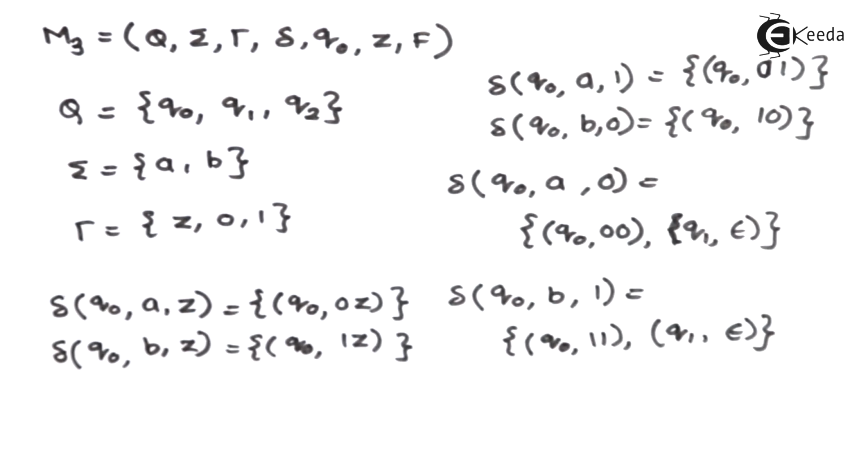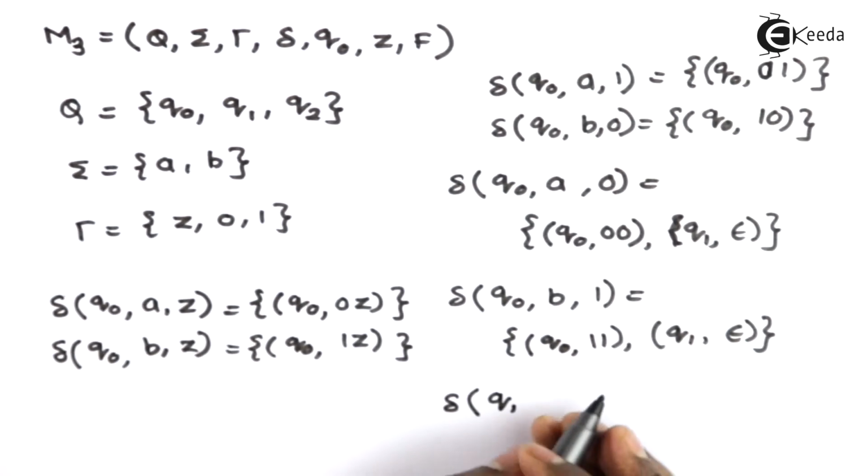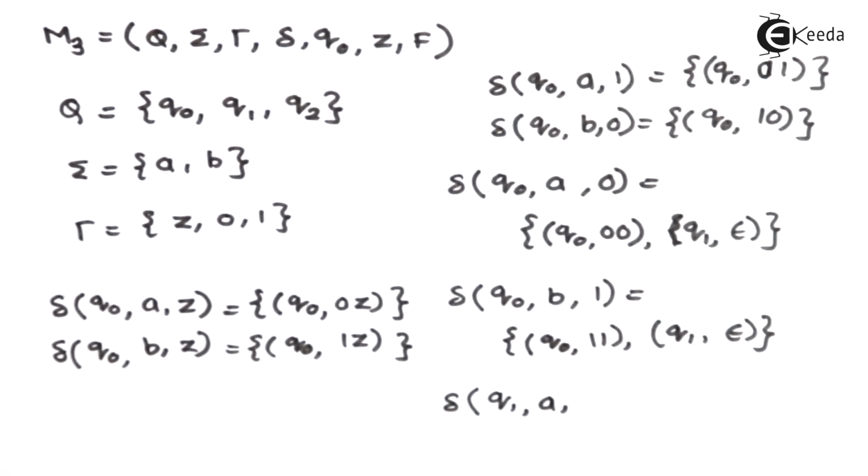Let us write the last transition, that is on state Q1. Delta on Q1, if it is having A as the input alphabet, and suppose 0 is the top of the stack, because to match with the A we need a 0, simply pop it off.